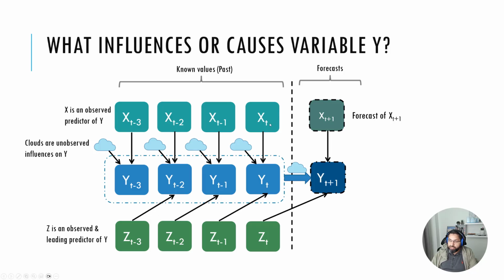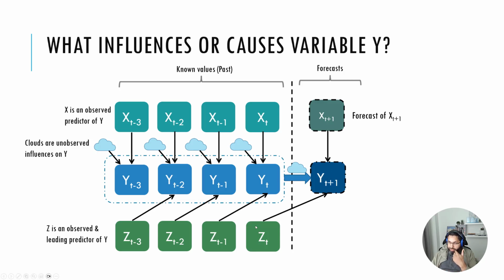So I can treat X(T) as a leading predictor like Z(T), or if the forecast of X(T+1) is available, I can use the forecast of X(T+1) to get Y(T+1). So in other words, when we build our forecasting methods, you'll see these sorts of ideas reused again and again. Some forecasting methods will try to rely on the time series aspect, look at old values of the same variable we are trying to forecast, the same time series.